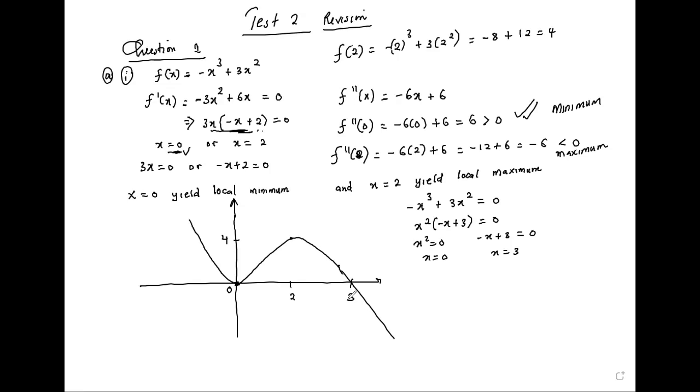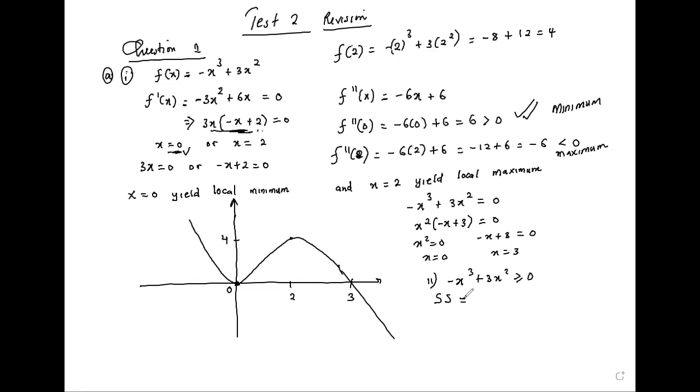And then part 2 is saying, hence or otherwise solve the inequality negative x power 3 plus 3x squared greater or equal to 0. Here they're asking you to use the graph. They want you to say for what values of x your curve is above the x-axis.